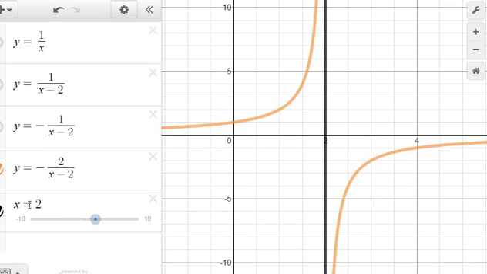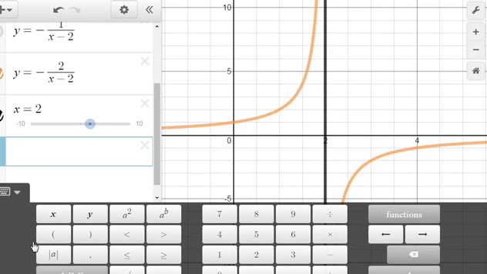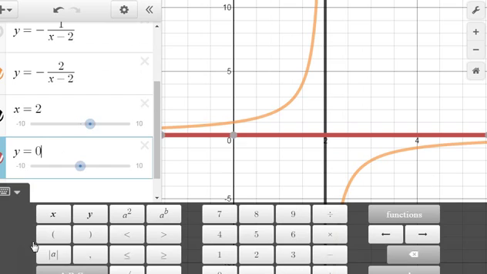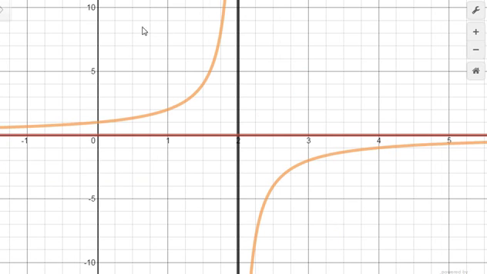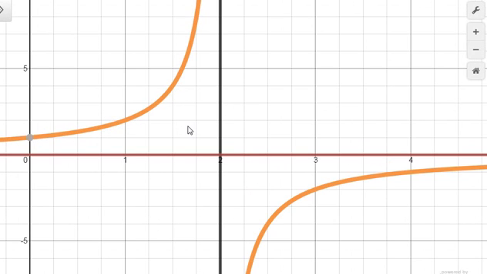Yeah. So y equals 0 is your horizontal asymptote. And I've already given you a handout that discusses some of that, but we'll go over that in a little bit and learn how to visualize what these asymptotes are going to be. So, two asymptotes in this one: x equals 2 and y equals 0.